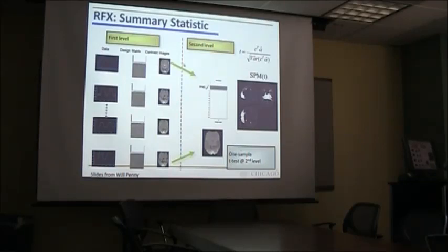So this is a little bit of an overview of how you go from subject level to a group level. In this example, you've also got circles along with the faces and houses, and you would have a contrast image for each contrast you wanted to set up that comes out of the analysis. So if you wanted to contrast faces with circles, that would be another set of contrast images SPM gives you.